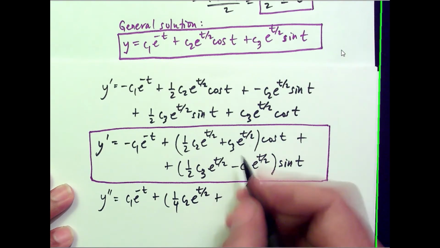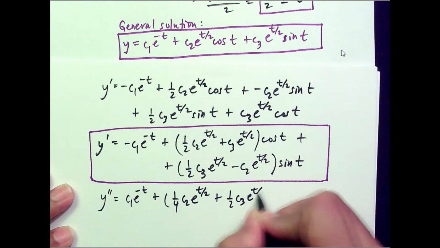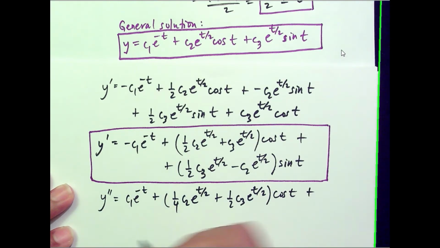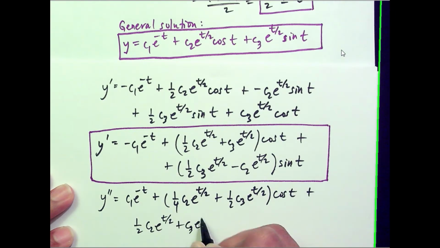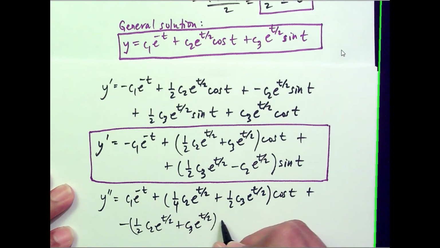The derivative of that part, you get a half, 1 half c3 e to the t over 2. So that's the derivative of the first times the second plus the first times the derivative of the second. The derivative of the second is negative sine, so I put a minus in there.